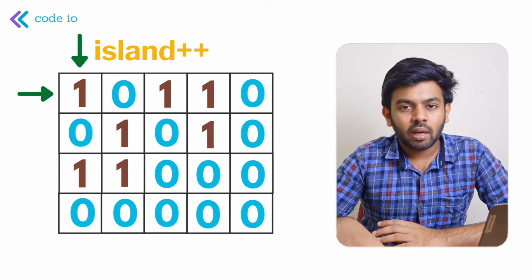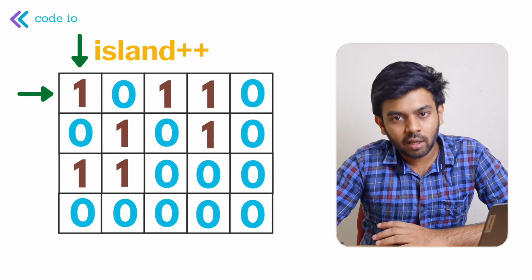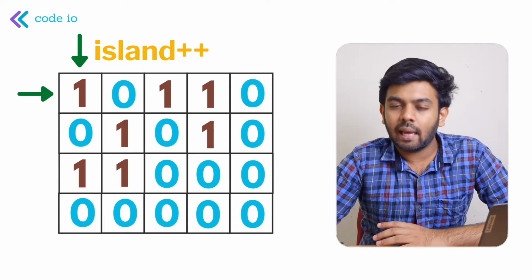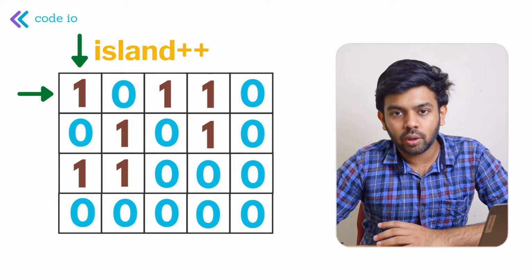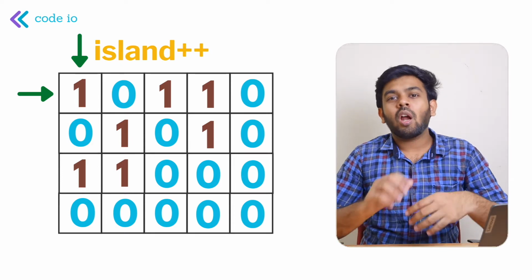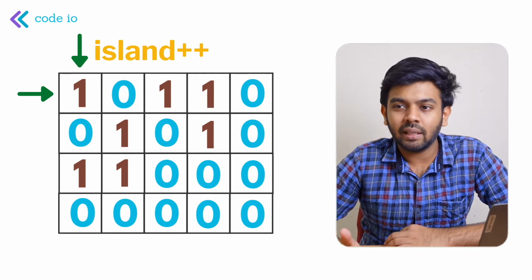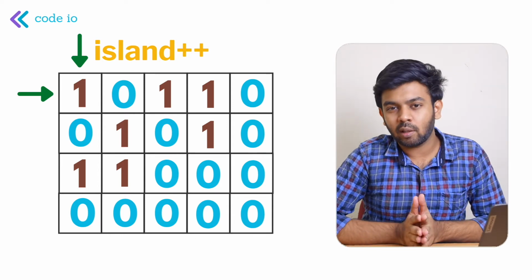So we are traversing element by element, and if it is a 1, it means it is a land area. You increment the value of number of islands and mark everything accessible from that island as 0. If you are not completely sold on the method, I'll just try and code it now and you'll understand it a little better, I hope.